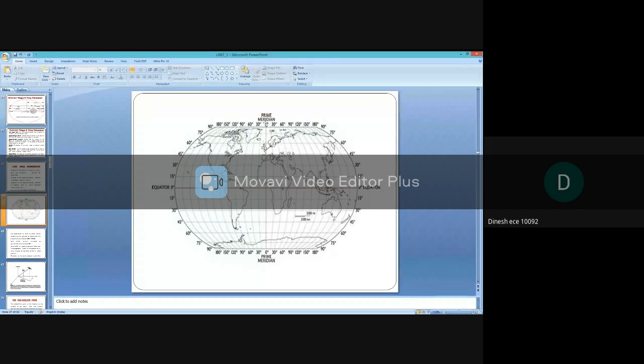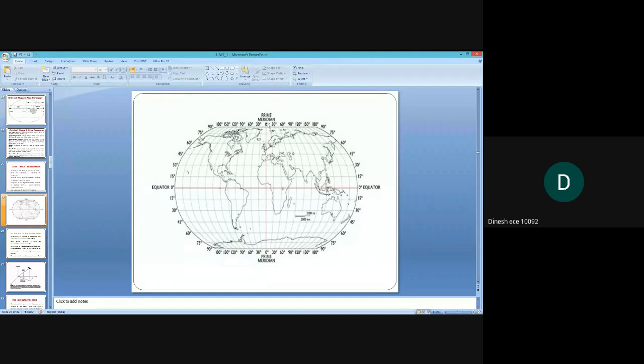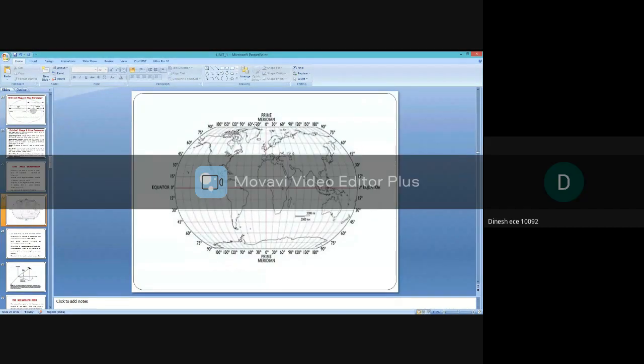So at the center you have this point in red color, which is moving from north to south. This is the prime meridian. Okay, prime meridian, so 0 degree. On this left side 30, 60, 90, 120, 150, 180 it goes on, and on the right side it goes on similarly, just as you would have seen on your history globe.